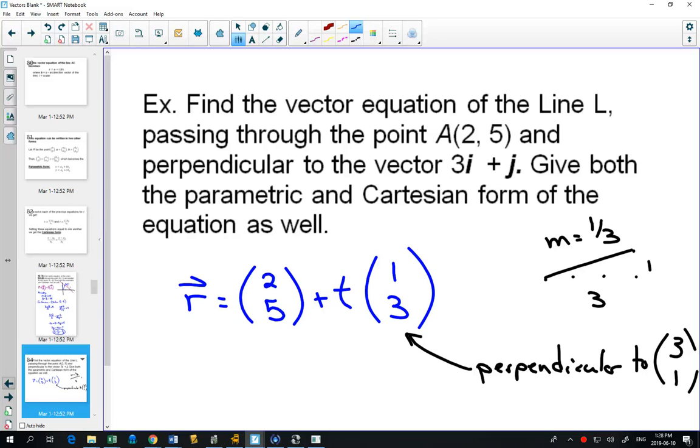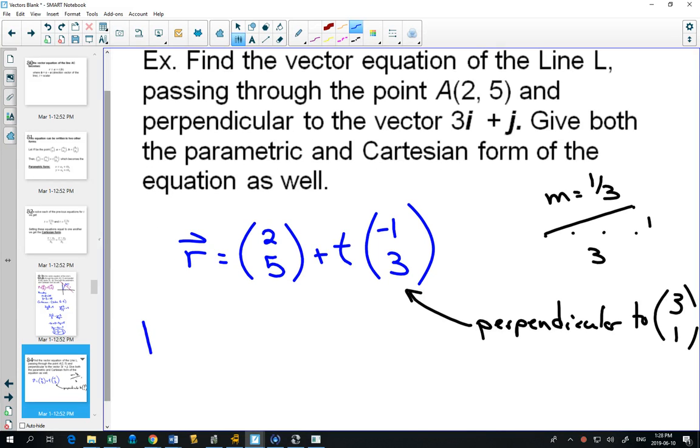And we're going to need to change one of these values to negative. It doesn't matter which one. If you did (negative 1, 3) or (1, negative 3), both of those would be the same. Once again, it asks for the parametric. That's your x coordinates and your y coordinates.